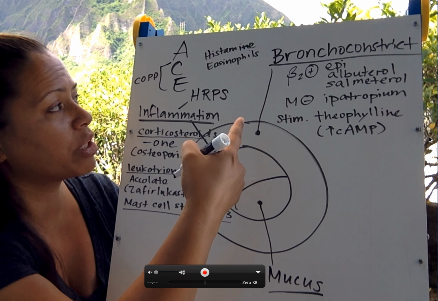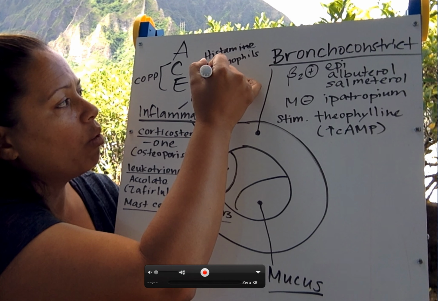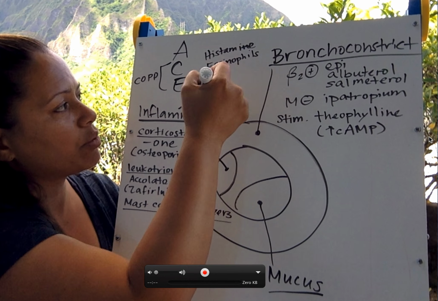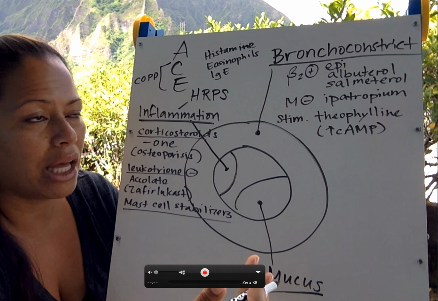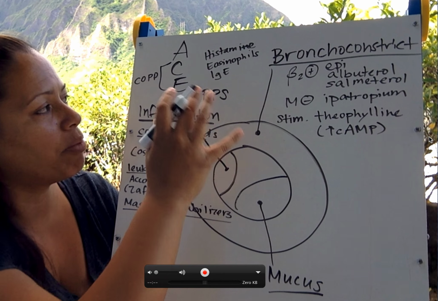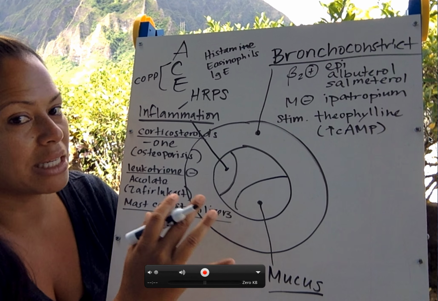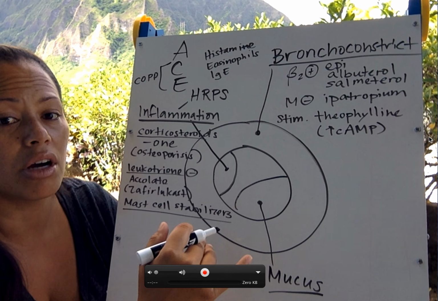Eosinophils are associated with allergic reactions and parasites. Well, IgE, which is an immunoglobulin or antibody, IgE is also associated with allergies. So IgE will bind to basophils and mast cells to release histamine. So we're going to talk about that later.